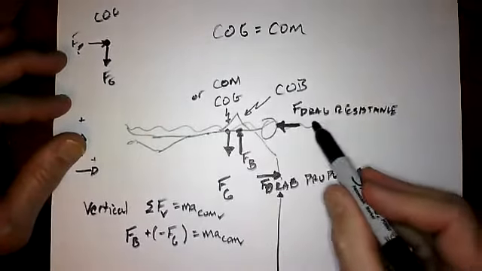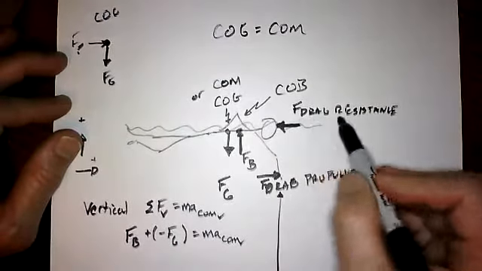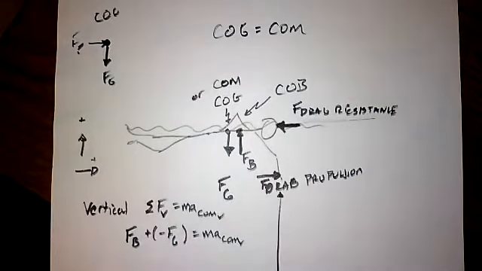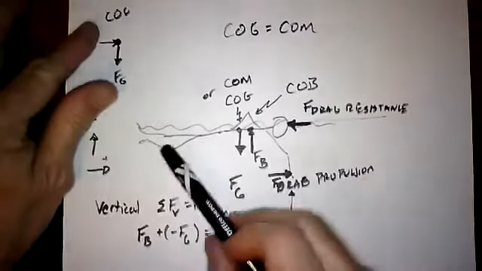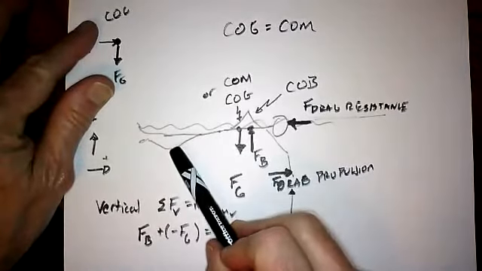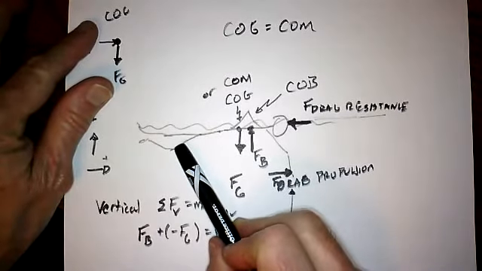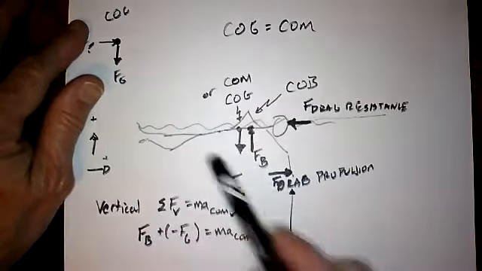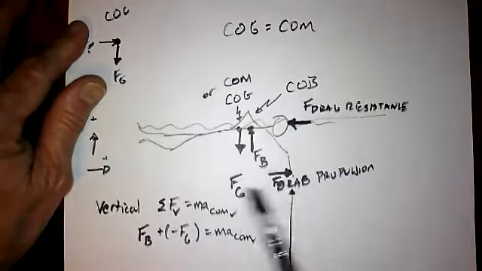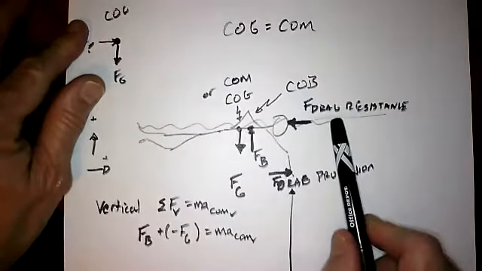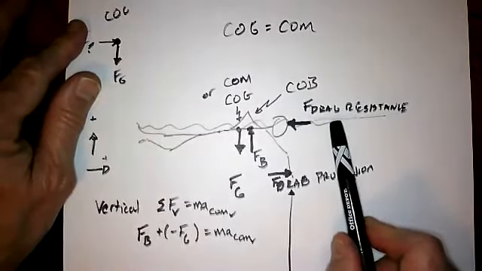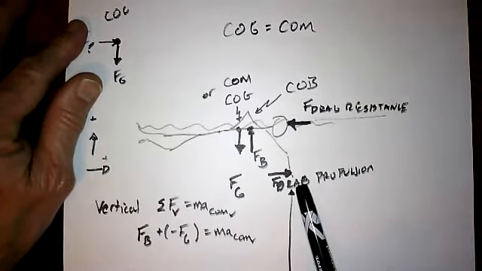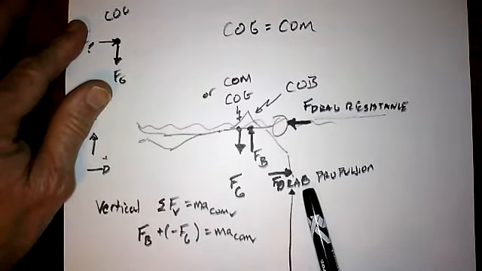When we're trying to do an experiment where we're measuring this here, what we actually do is we cheat a little bit. We have the swimmer not use his or her legs for kicking. So we have them hold on to a pull buoy of some sort. And that just simplifies the physics, because we can ultimately measure the drag resistance force by determining the drag propulsion force.